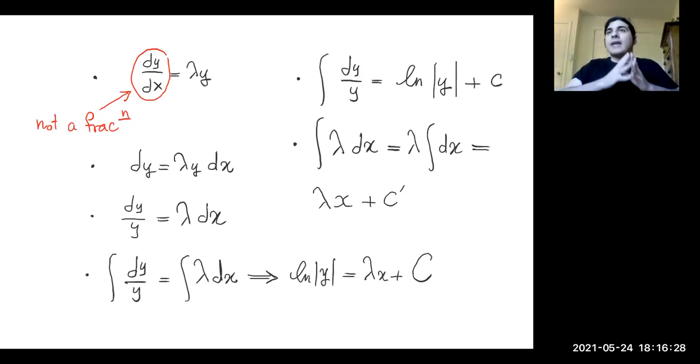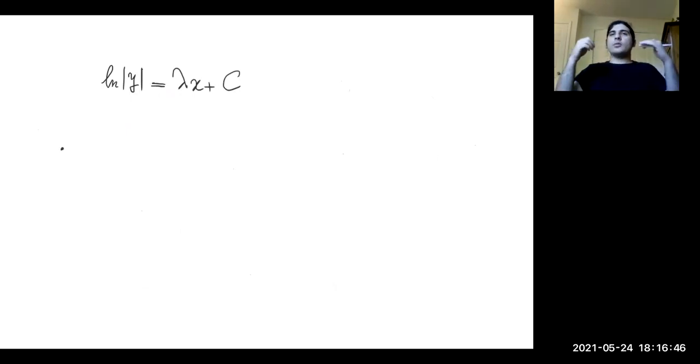So here we have ln of absolute value of y, but what we are looking for is y itself. So how can I get to y itself? What I know is that ln of absolute value of y is equal to lambda x plus c. If I want to find y, I should get rid of ln.